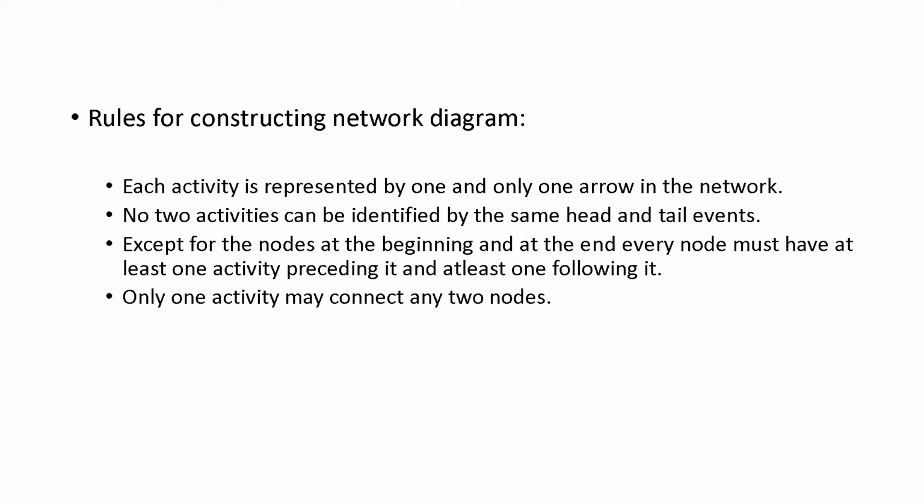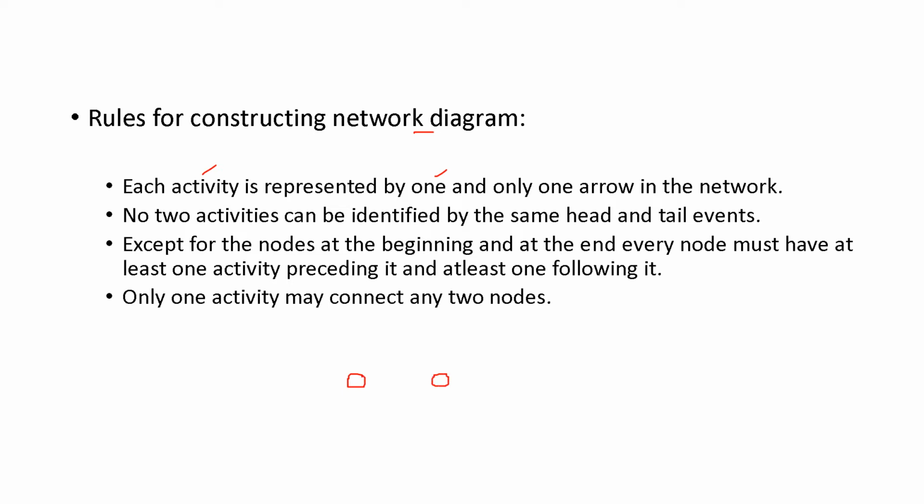Rules for constructing a network diagram. Before going to the CPM or PERT technique, let's learn how to construct a network diagram. Each activity is represented by one and only one arrow in the network. Suppose you have two nodes, one node and the second node.